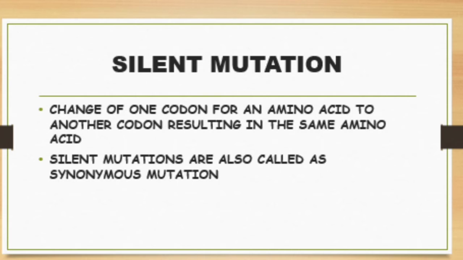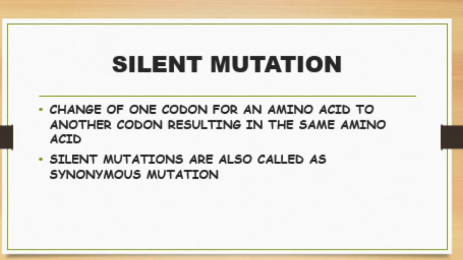So what it does is that it changes one codon of an amino acid with another codon, but when they change the codon, the amino acid still remains the same. I'll repeat, when there's a change of one codon for an amino acid to another codon, it results in the same amino acid. There is no change. That's why it's called a silent mutation.